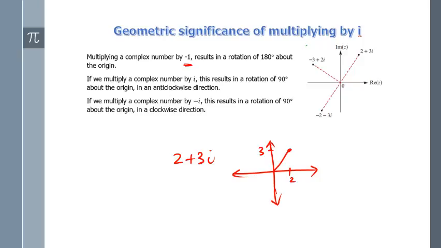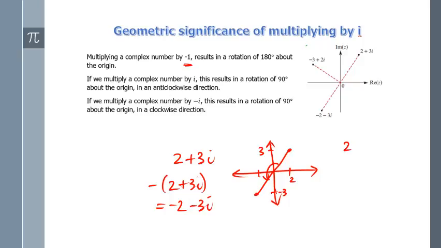So there's my complex number. If I multiply it by a negative, I get -2 minus 3i. So if I go -2 and minus 3i, it's going to bring me down here, which is significant because it's 180 degrees. Like with a vector, if you want to turn it around or make it go in the opposite direction, you multiply it by a negative.